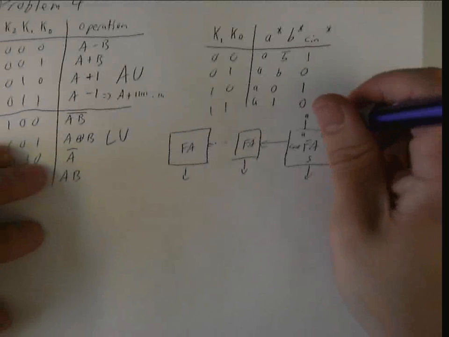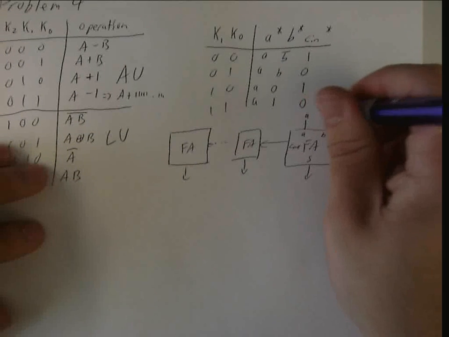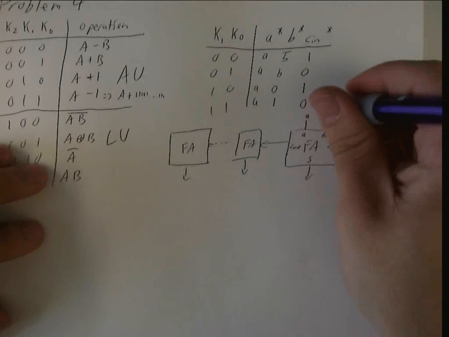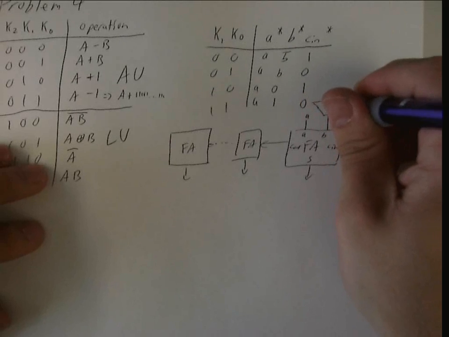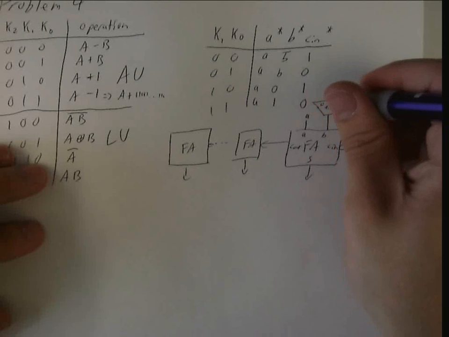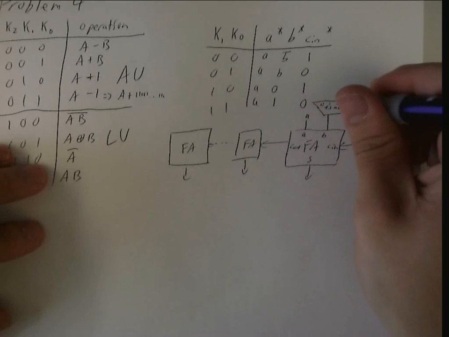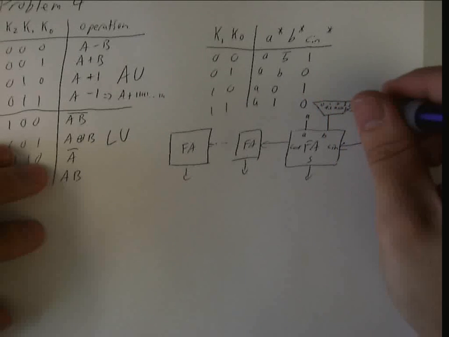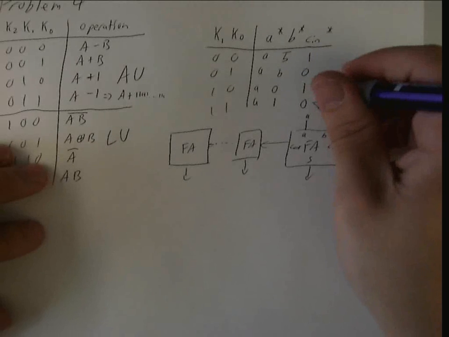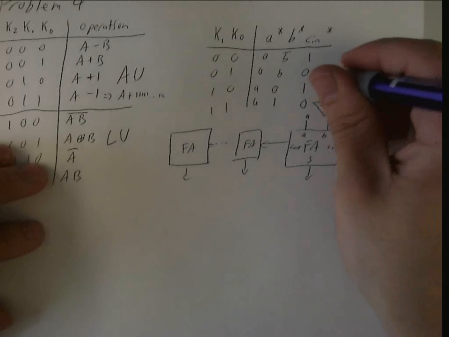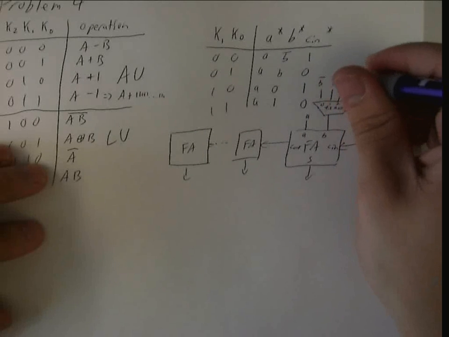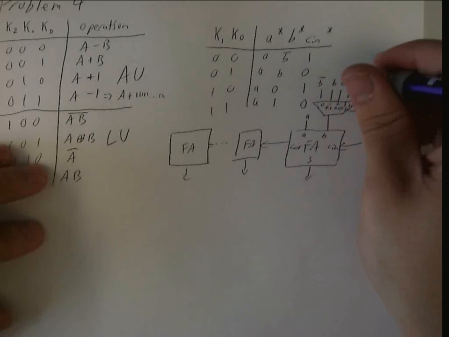I'm just going to use a mux because I can't really combine them. So 4 to 1 mux, 0, 1, 2, 3, S1, S2, and I will put K1 on S2, K0 on S0, and for 0 I'm going to put B complement, for 1 I'm going to put B, for 2 I'm going to put 0, and for 3 I'll put 1.